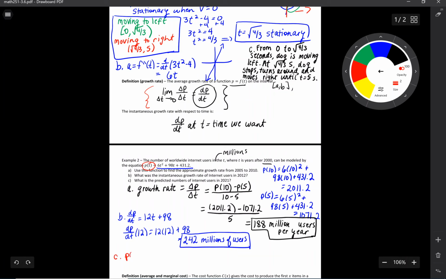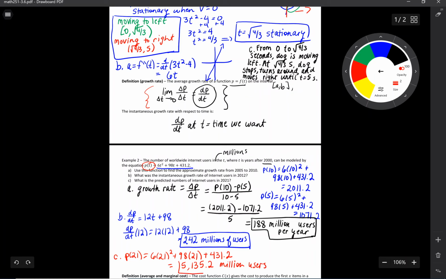So P of 21 equals 6 times 21 squared plus 98 times 21 plus 431.2. This is equal to 5,135.2 million users.